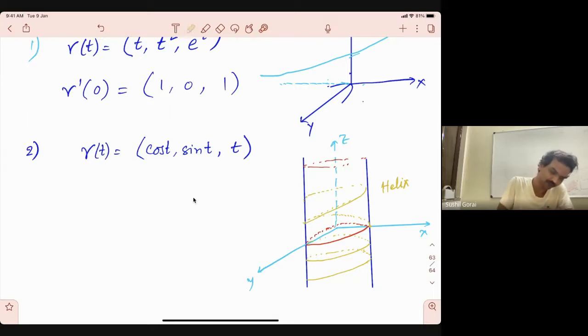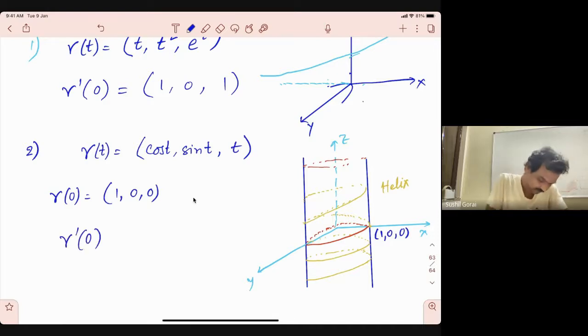Now if you look at the point 1, 0, 0, gamma of 0 is (1, 0, 0). So what is gamma prime of 0? It is (0, 1, 1), right? So what would the tangent direction be?